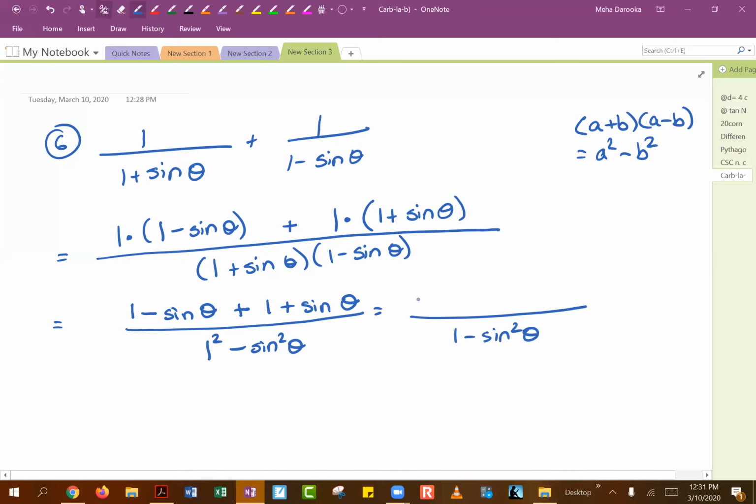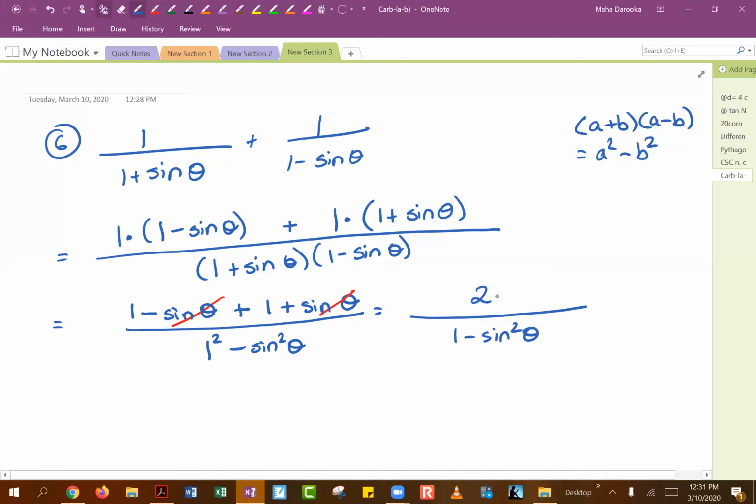And then what happens on the numerator? And what happens with your sine function? Because you've got a negative sine function and a positive sine function, that negative and positive sign is canceling itself out, and then you're left with 1 plus 1, which comes out to be 2.